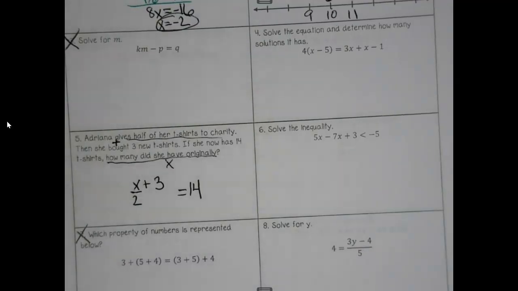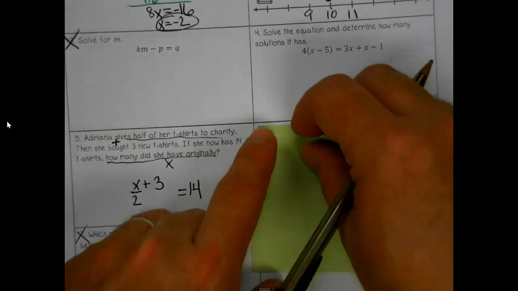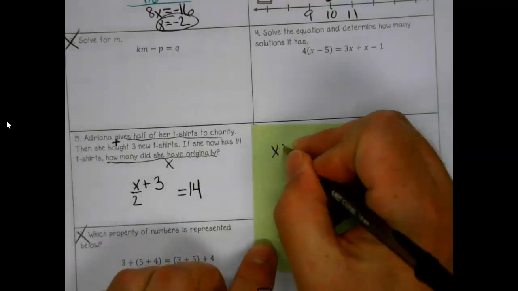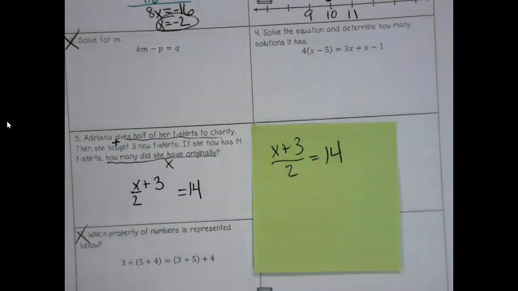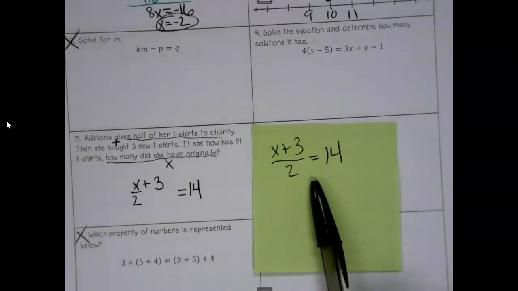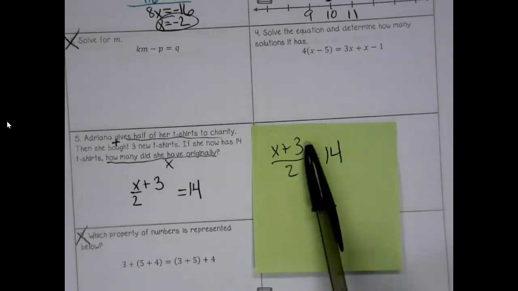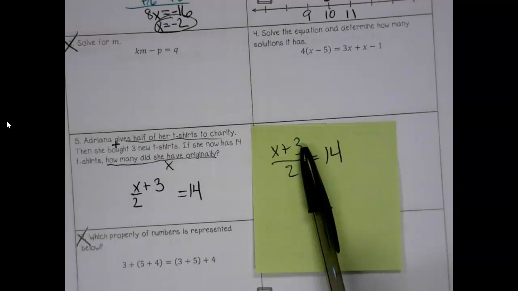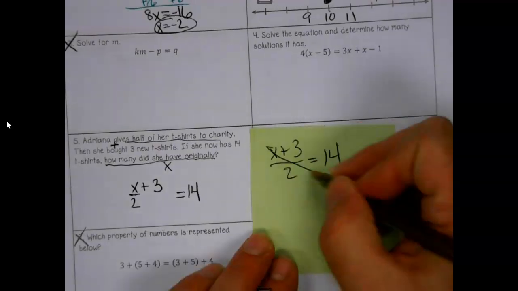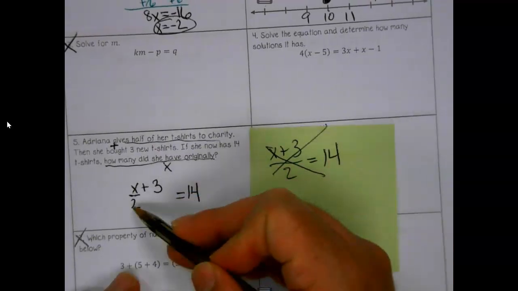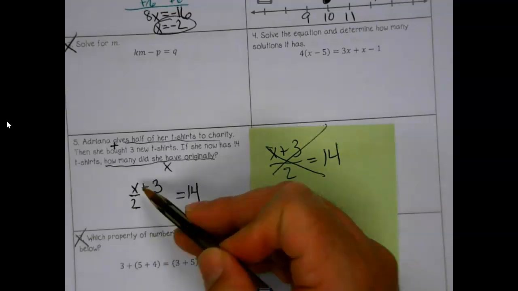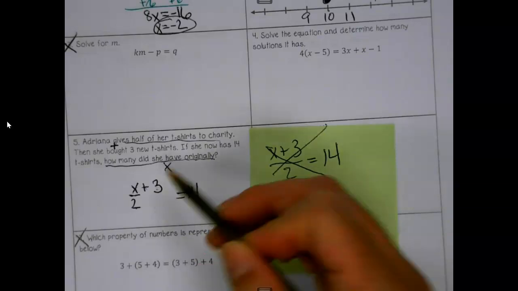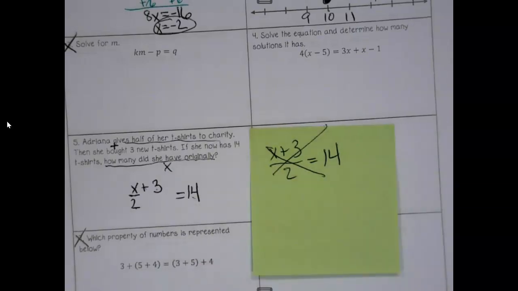Here's the part of this that can be a bit tricky, because it might be tempting to write it like this, but if I did it like this, this would be saying I donated half to charity after I bought my 3 new shirts. I'd include those. We don't want to do that here. I had my shirts. I gave half of them to charity, so I cut them in half. I divided by 2. But then I bought 3 new ones. And so now I have 14. That's the part we got it.